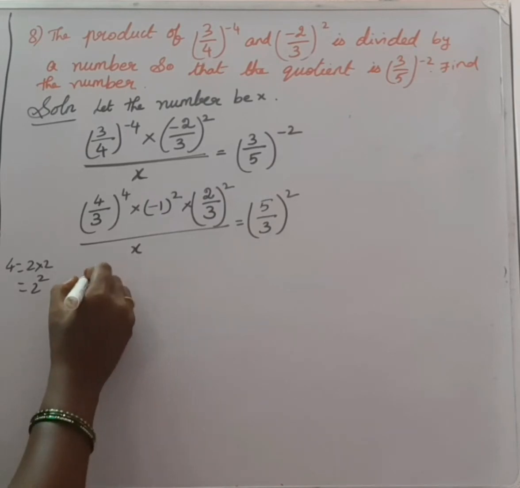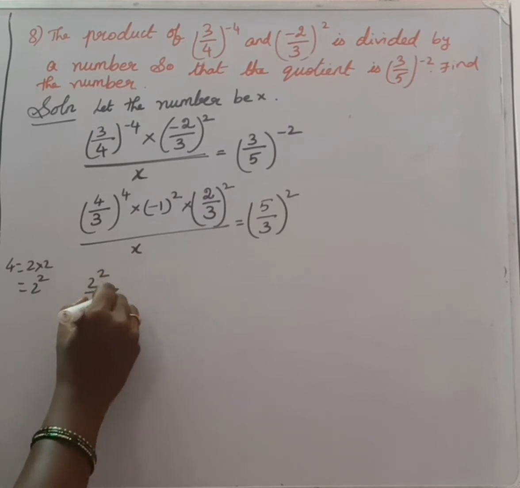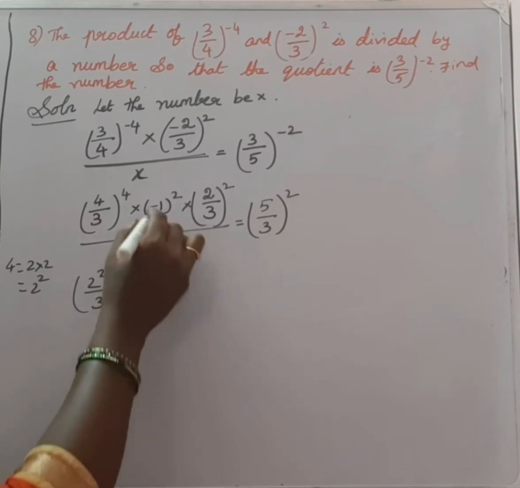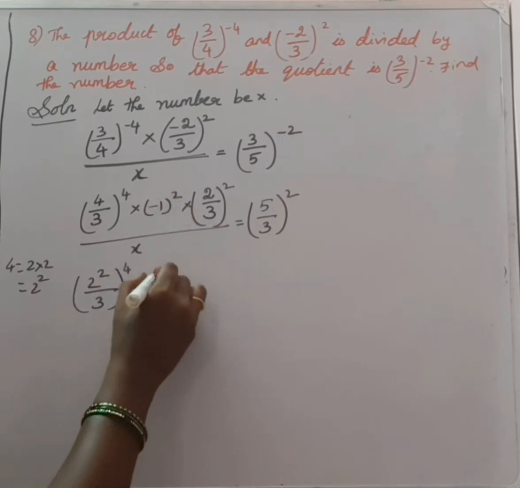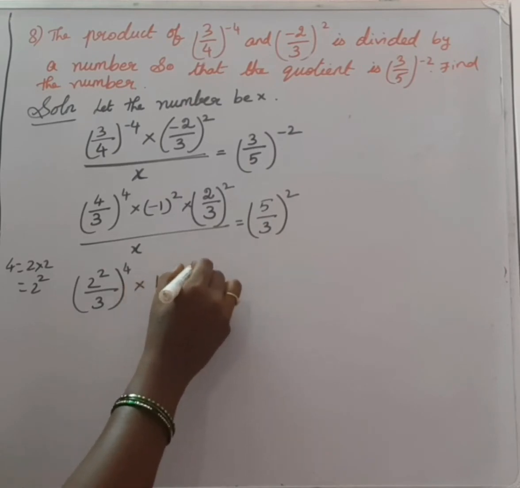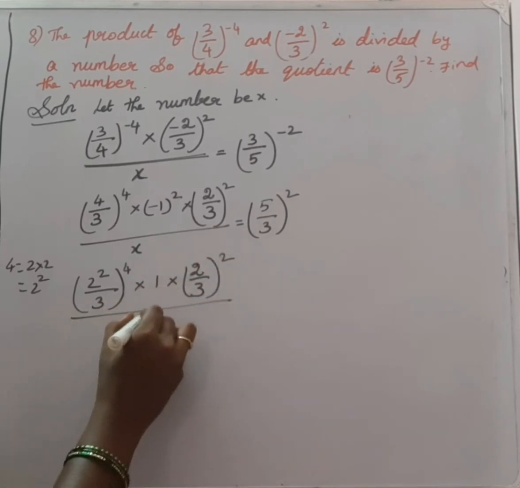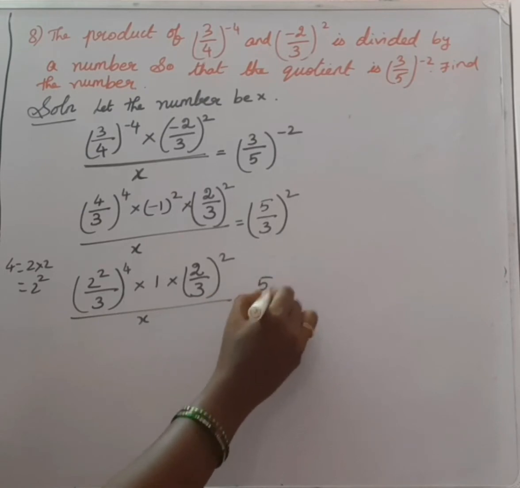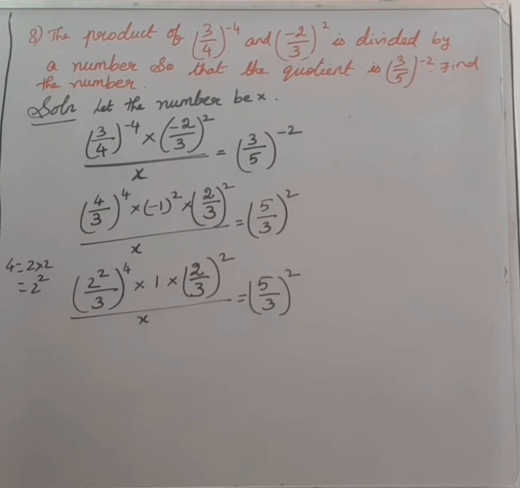So (2 power 2 by 3) the whole power 4, into (minus 1 becomes plus 1), into (2/3) the whole power 2, divided by x is equal to (5/3) the whole power 2.